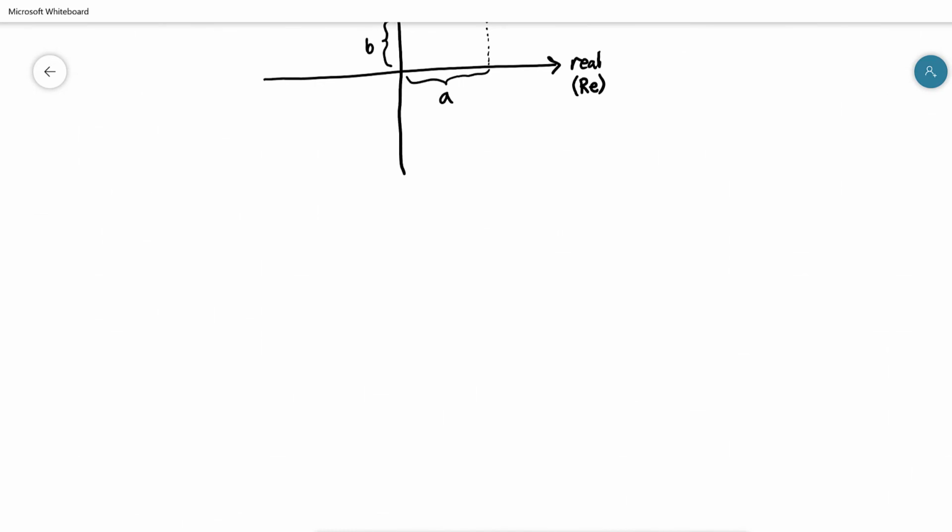These things follow all the same types of rules that we're accustomed to with real numbers.